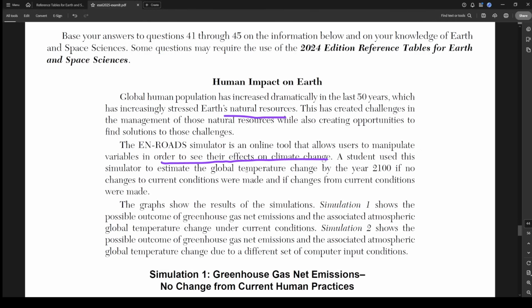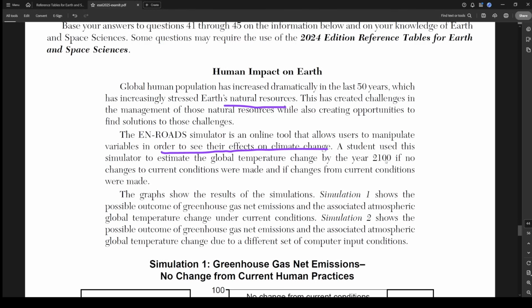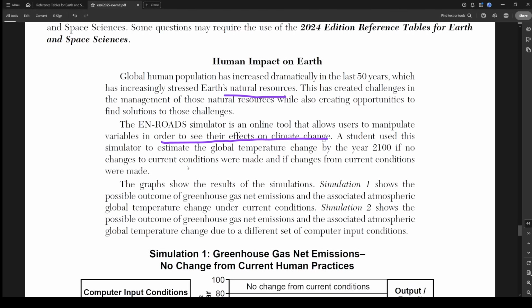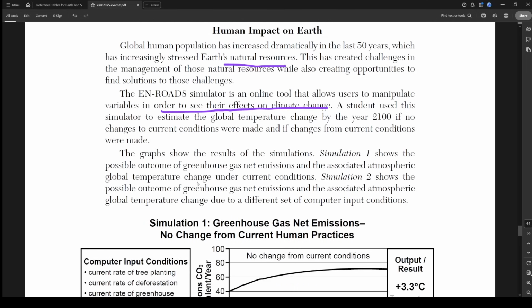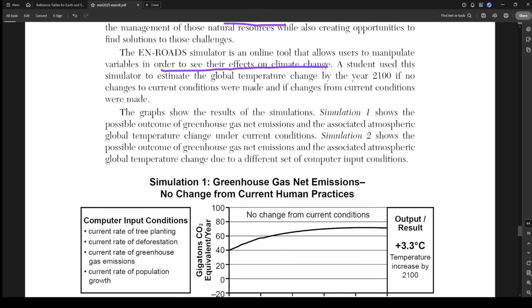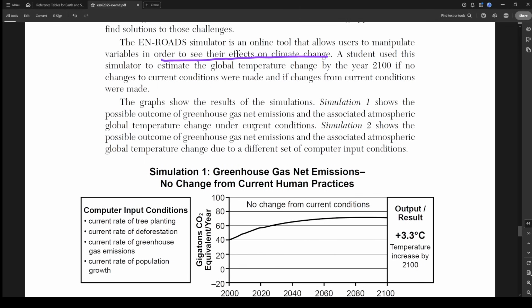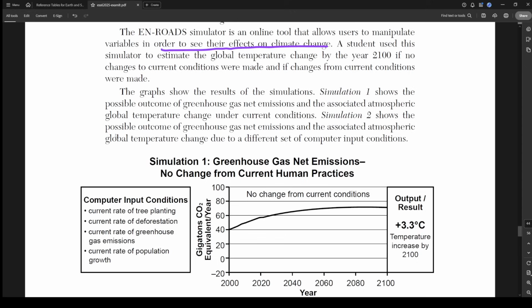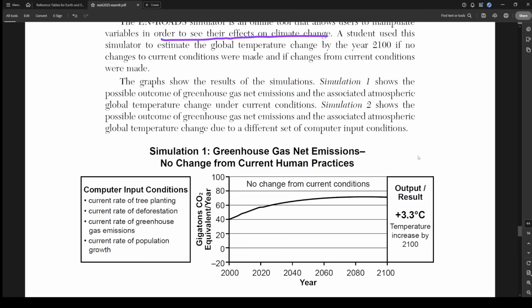A student used this simulator to estimate the global temperature change by 2100 if we didn't change anything to the current conditions. The graph shows the result of the simulation. Simulation 1 shows the possible outcome of greenhouse gas net emissions and the associated atmospheric global temperature change under current conditions. Simulation 2 shows the possible outcome of greenhouse gas net emissions and the associated atmospheric global temperature change due to a different set of computer input conditions.